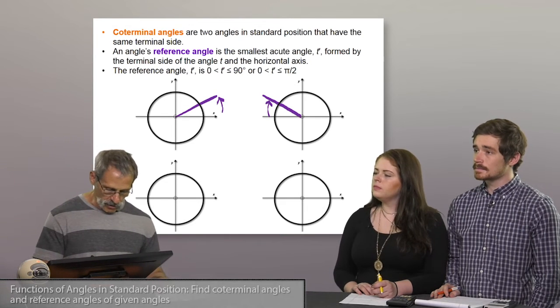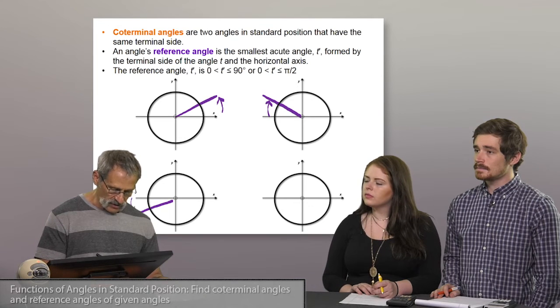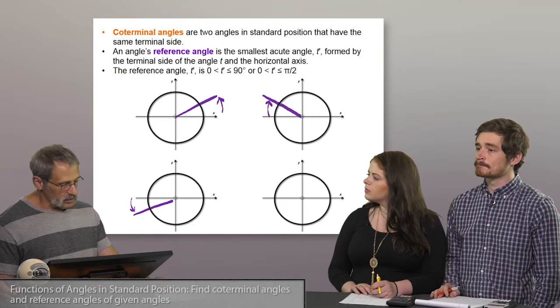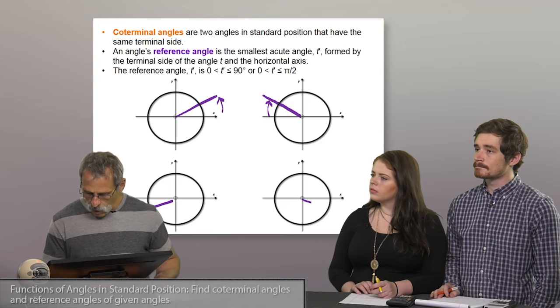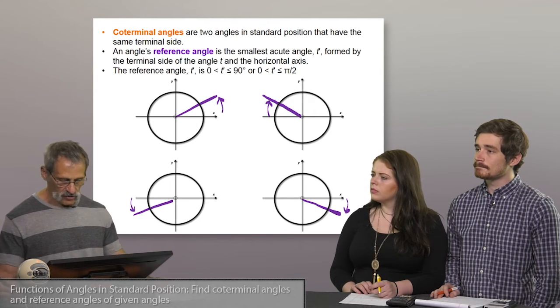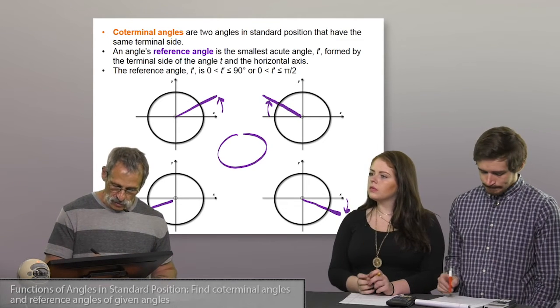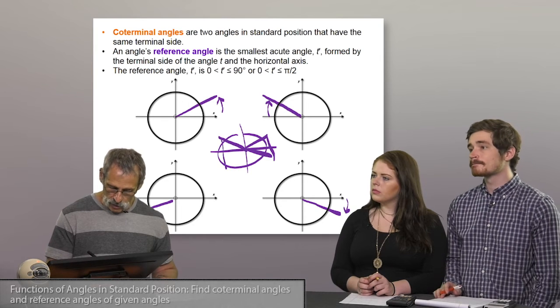If I'm in quadrant 3, again, it's that shortest rotation from the x-axis to the angle itself, and again, it's always the positive measure. If I'm in quadrant 4, it's the shortest rotation from that horizontal axis to the terminal side. So I kind of have a visual, and students remember the visual as nothing more than a butterfly, kind of like that, or a bow tie.